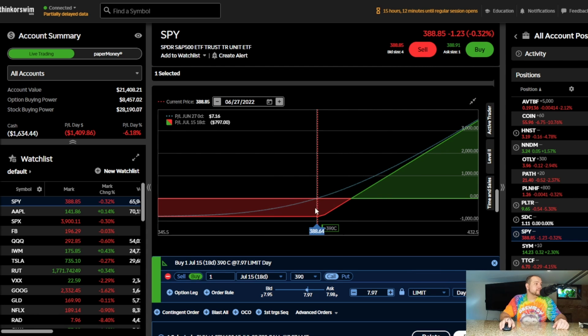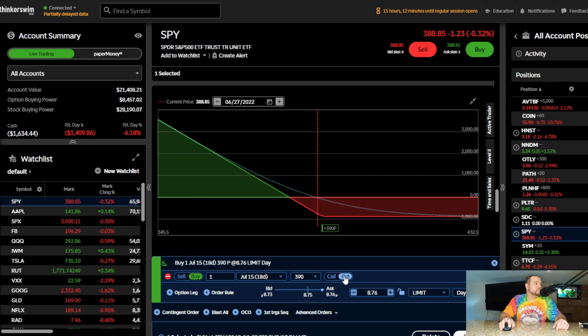And you can do the exact same thing on the put side. You can switch this over to put. And a put is the exact opposite of a call. You are basically entering into a contract where you are saying, I am going to sell you 100 shares of SPY at $390 on July 15th, even though I don't have them, which we can get into.